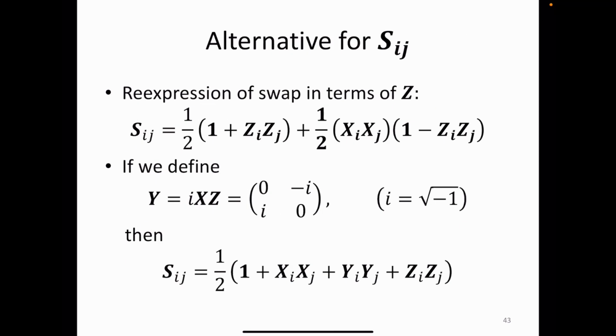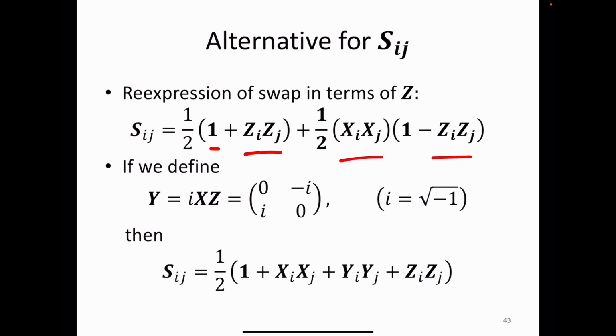An alternative way of expressing the swap operator S sub ij is in terms of the operator z, where it is given by a combination of the identity and the z's plus some nots here, and again some z's. So I again encourage you to try to reconstruct the swap operator S sub ij, given that expression here on the right.